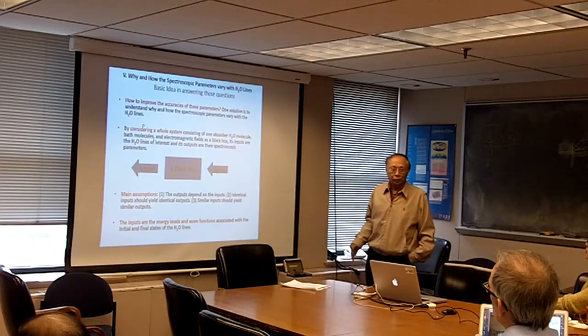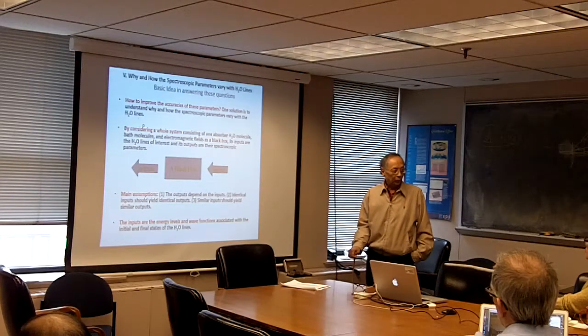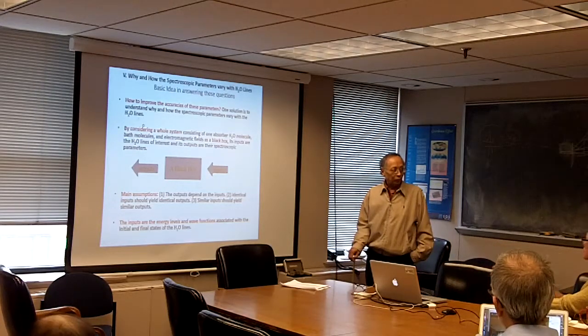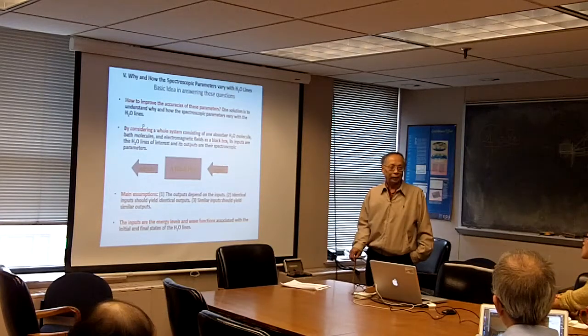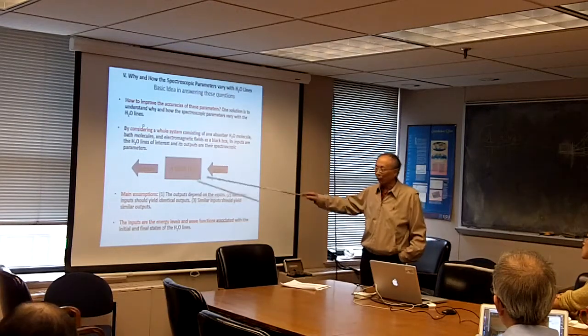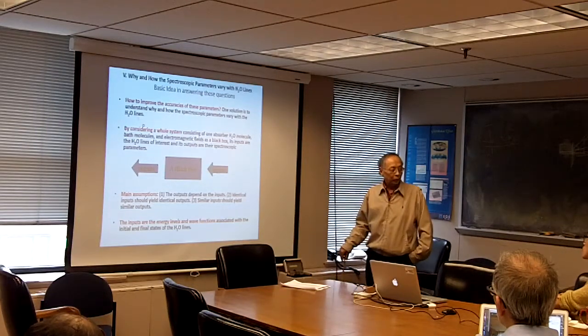The input is the line of interest. The output is its spectral parameters. We try to find from the input, and link to some output. This is the idea. We don't know what happens inside, or we are not interested right now. The real reason is we don't know what happens.